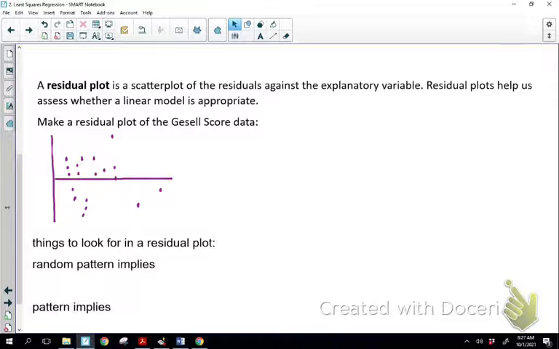So in this problem, I would say the residual plot does not have a pattern. My pen is not working.